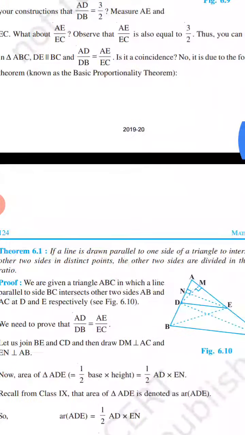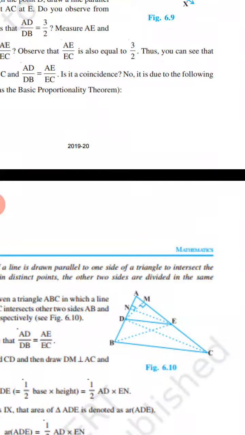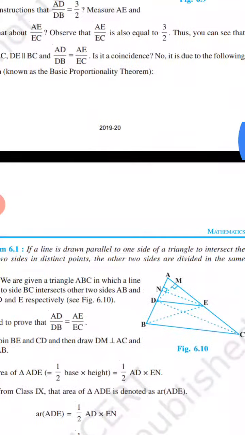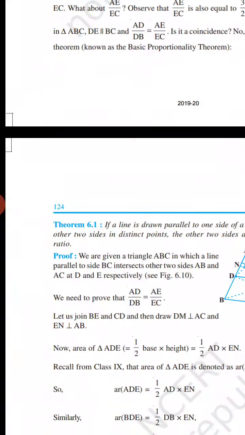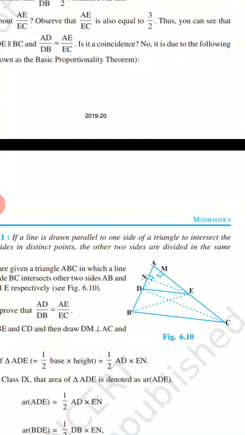If a line is drawn parallel to one side of a triangle to intersect the other two sides in distinct points, the two sides are divided in the same ratio. This is the basic proportionality theorem. You see this is a triangle ABC and one line DE is drawn parallel to BC.